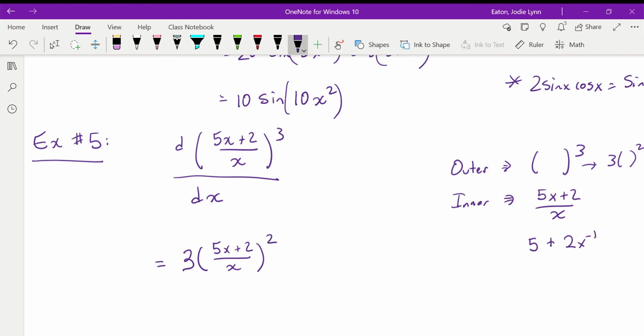Now we have to multiply by the inner derivative. The derivative of 5 is 0, plus 2x to the minus 1, multiplied by negative 2, and we get negative 2x to the minus 2.